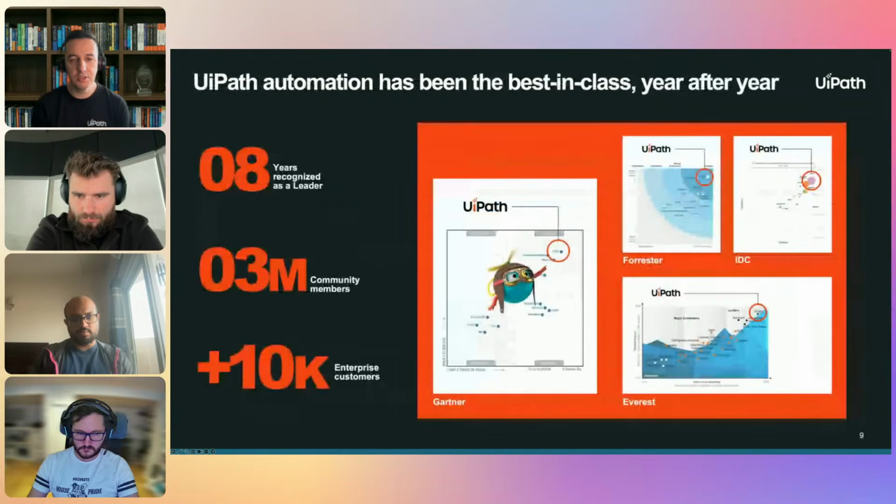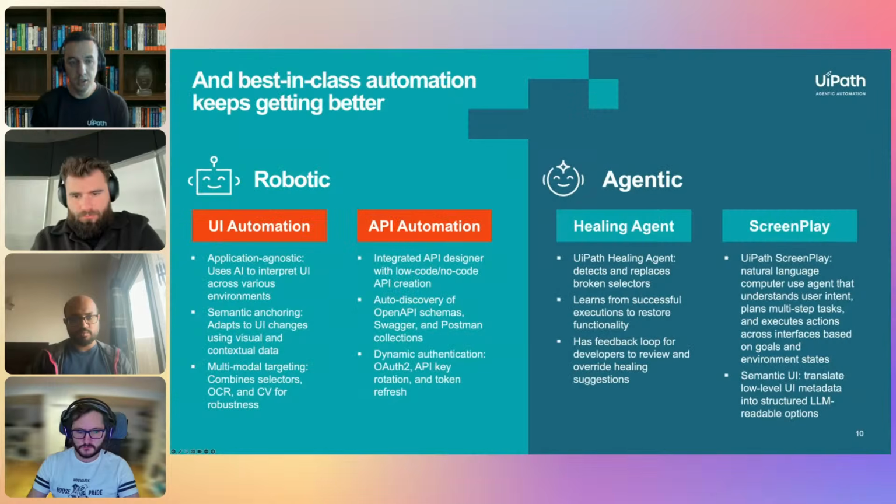And it's not just us saying we're best in class. We have analysts putting us in top positions for over 8 years now. We have a wide community of builders, and we have over 10,000 happy customers. We're not stopping here, though.